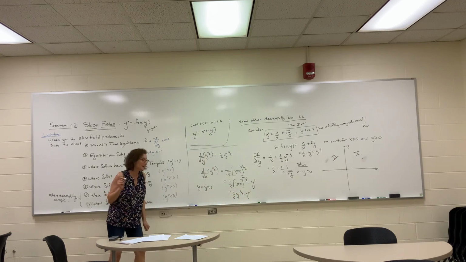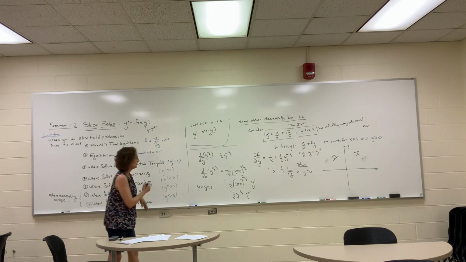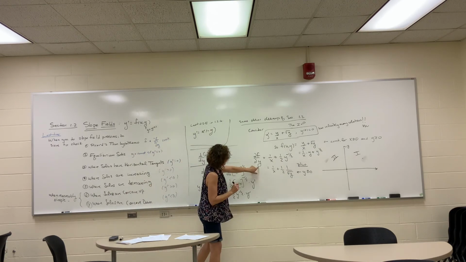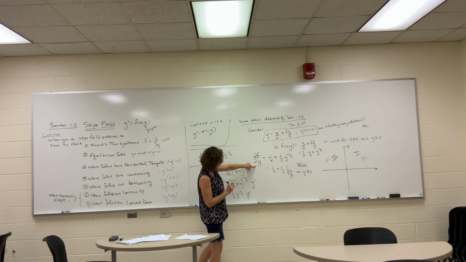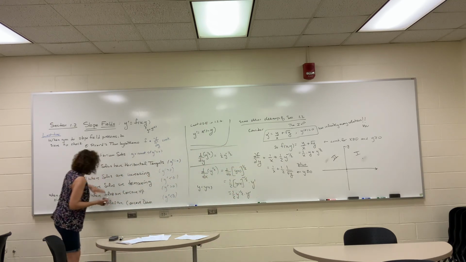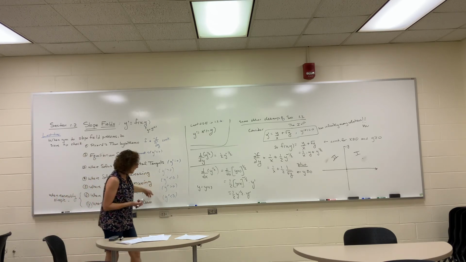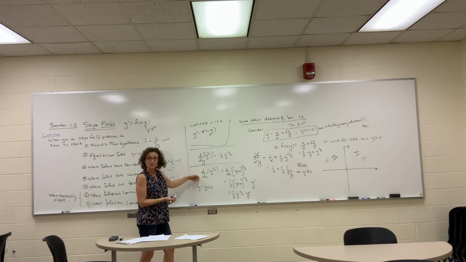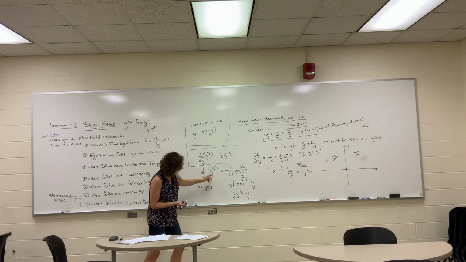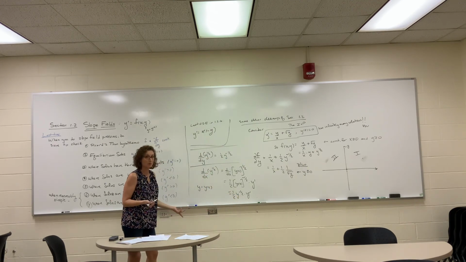So you have to be careful what you're taking derivatives with respect to. We're taking these partials, taking derivatives with respect to y, and therefore we're treating x like a constant. But if we're taking these derivatives associated with concavity, then we're taking derivatives with respect to x, and that derivative would pop up an extra multiple of y prime because of the chain rule.